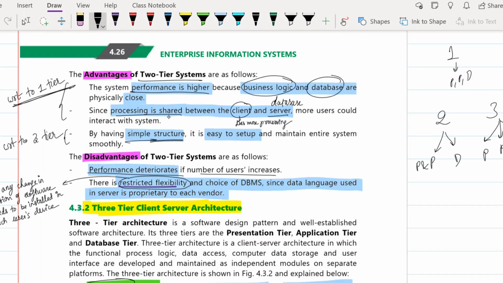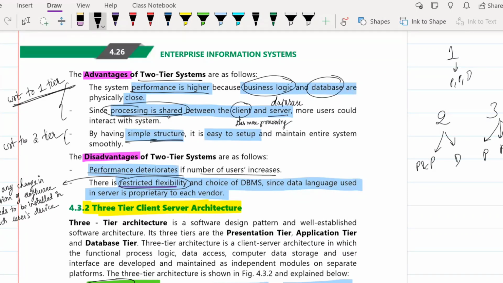Next, they are telling that the processing is also sometimes shared between the client tier and your server. That means in your 2-tier system, the first layer and the second layer both share the processing, but actually the major processing happens in the first layer itself.